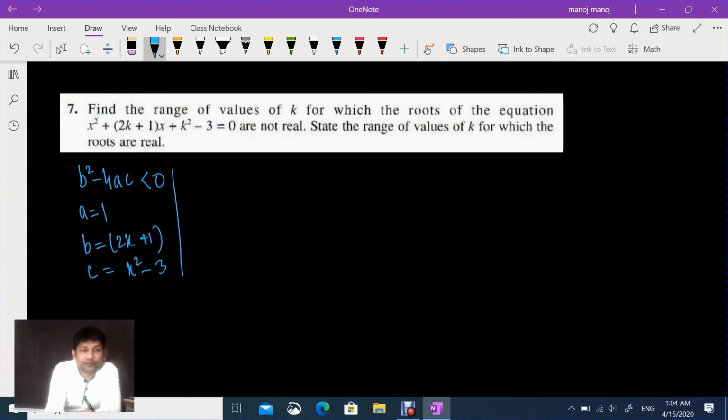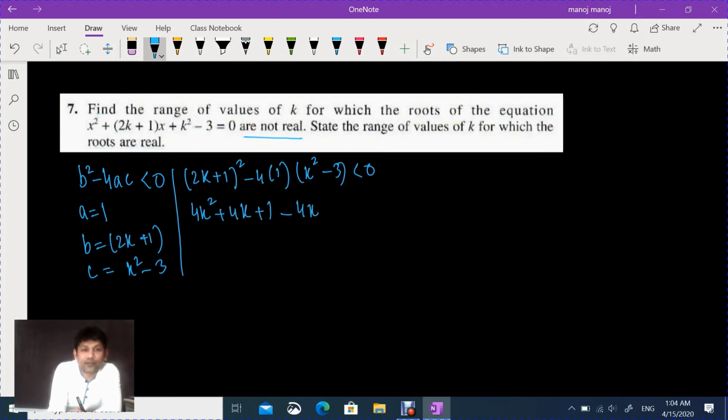Put the values in the discriminant. b is (2k plus 1) whole square minus 4, a is 1, c is k square minus 3, less than 0, because the roots are not real here. By expanding this: 4k square plus 4k plus 1 minus 4k square plus 12, less than 0.